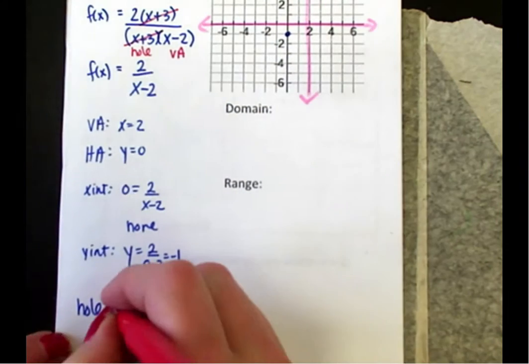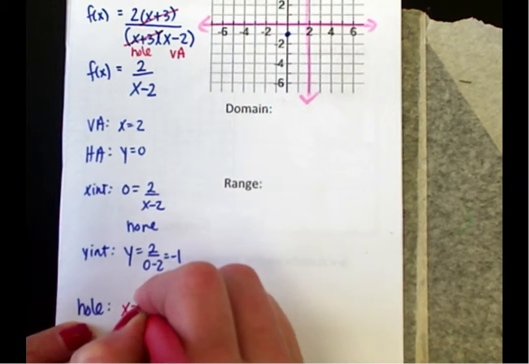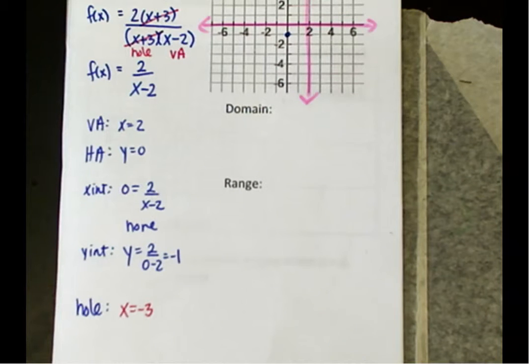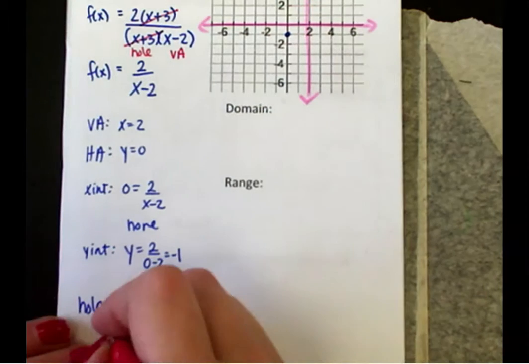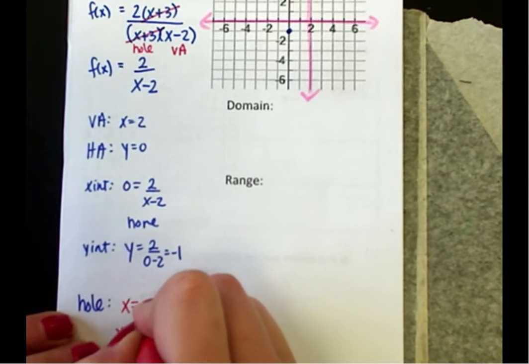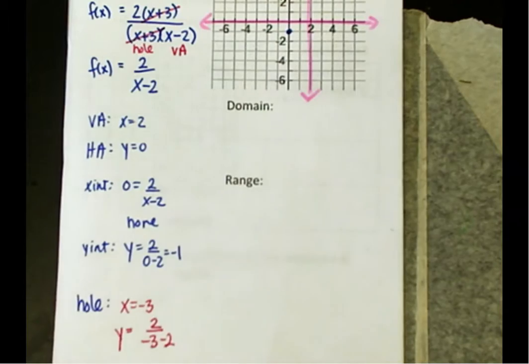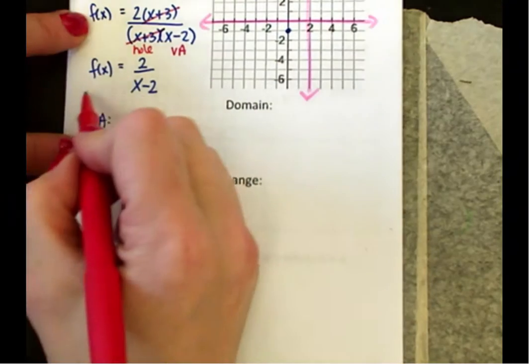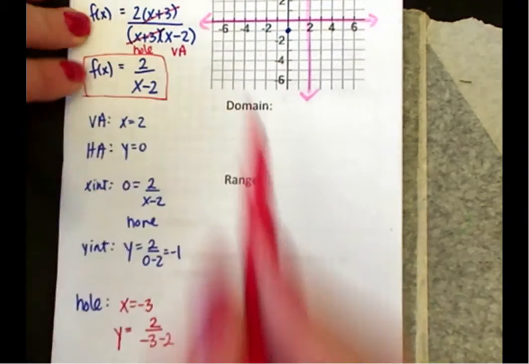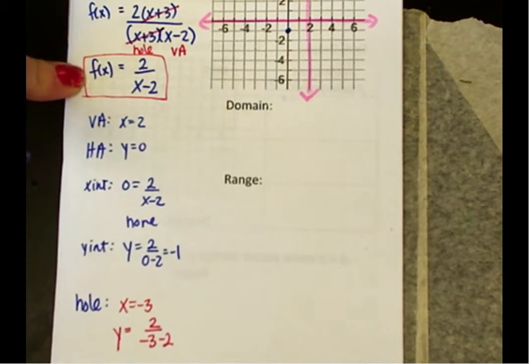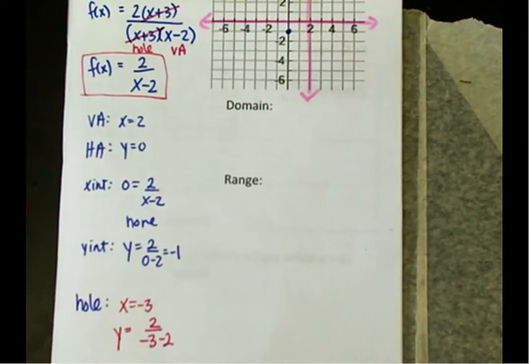So we're going to say x equals -3. That's where it comes from, the factor that reduced from the top and the bottom. How am I going to find my y-coordinate? You're going to plug it in. Notice, though, everything is coming from that reduced version. Once you reduce it, do not go back.